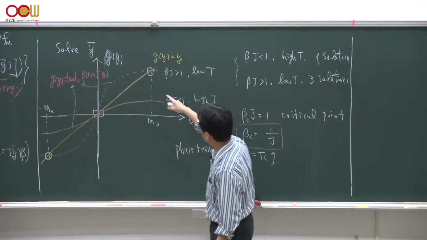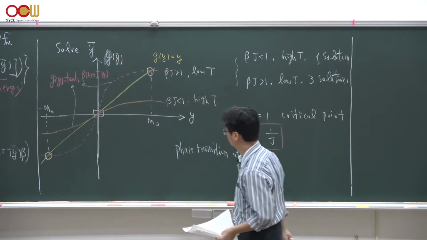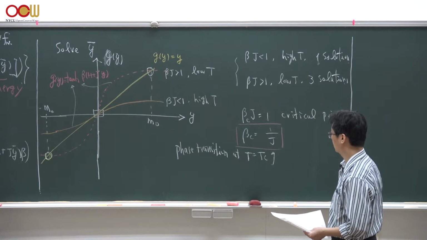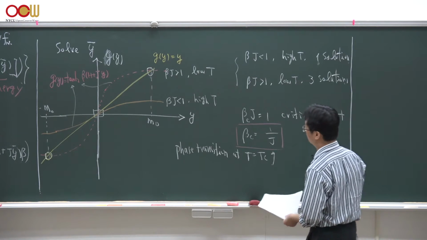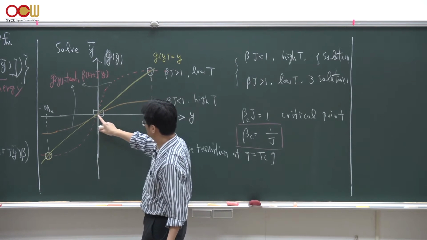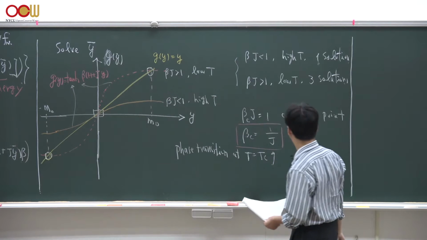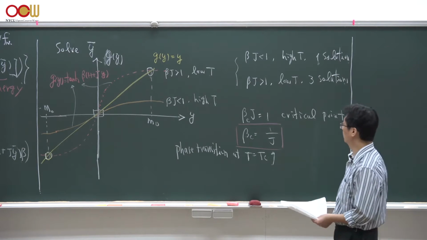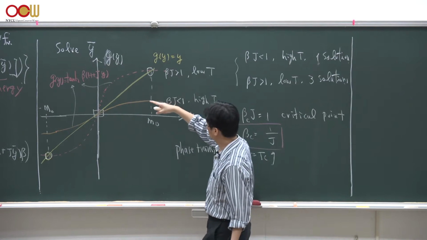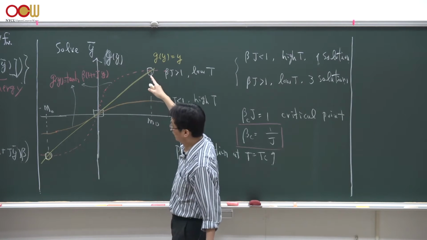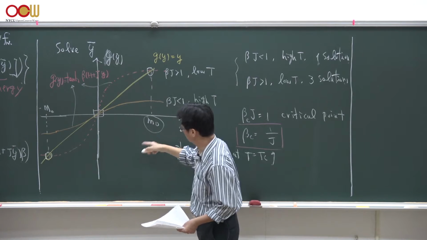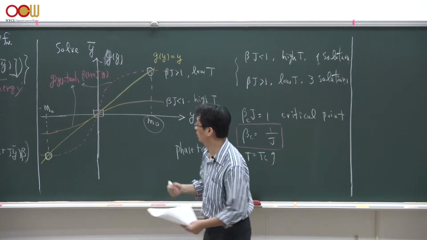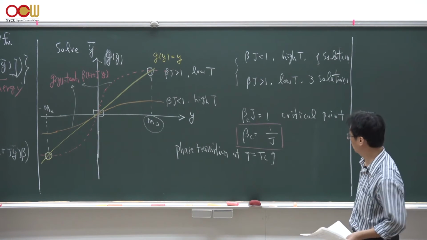These two finite solutions, plus or minus m0, will be our stable solutions, and the trivial solution 0 is actually the unstable solution. In other words, when the temperature is low enough, the system has spontaneous magnetization with magnitude m0 or minus m0, depending on the direction of the field that we apply.